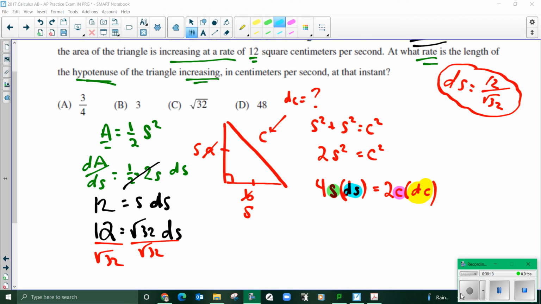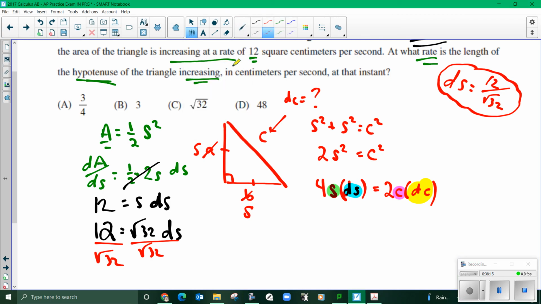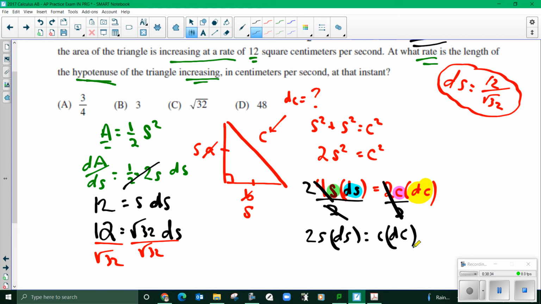Technically, if I divide both sides by 2, this goes bye-bye, and this becomes 2, and I work with smaller numbers. So now I've got 2s ds equals c dc.